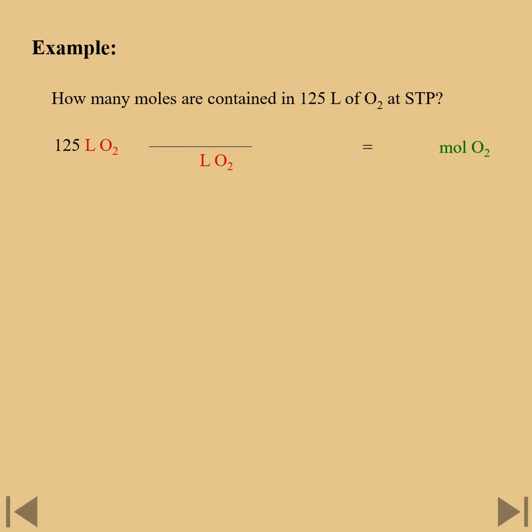And now the big question, can we go straight from liters of oxygen to moles of oxygen? And the answer is yes, since we are at STP. If we weren't at STP, we'd be needing more information, like the temperature and pressure. And this also means we need to remember that number, 22.4 liters per each mole. And hence 5.58 moles of oxygen.